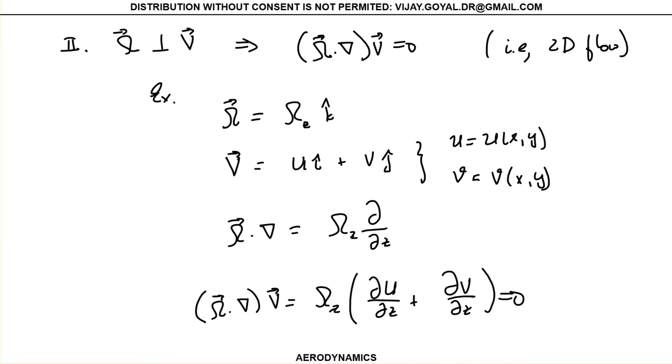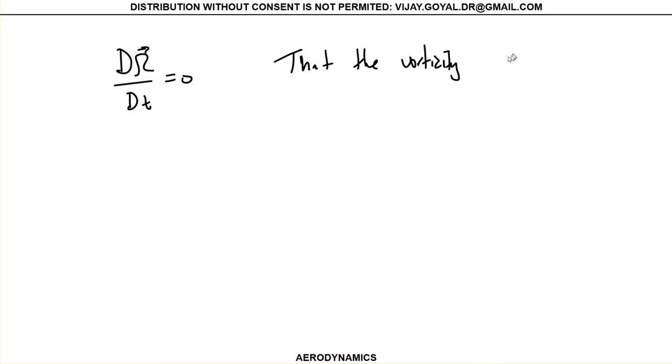And what basically you are trying to say when this is actually equal to zero under those conditions, you're saying that the vorticity of a lump of fluid stays constant.